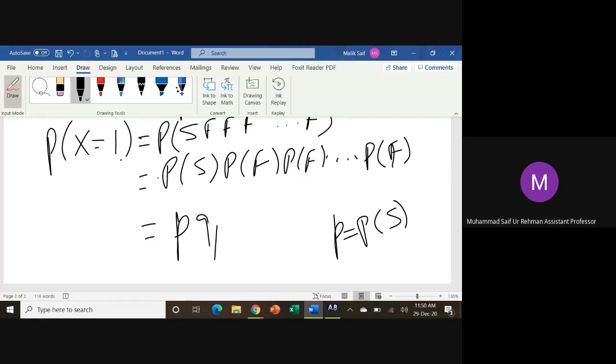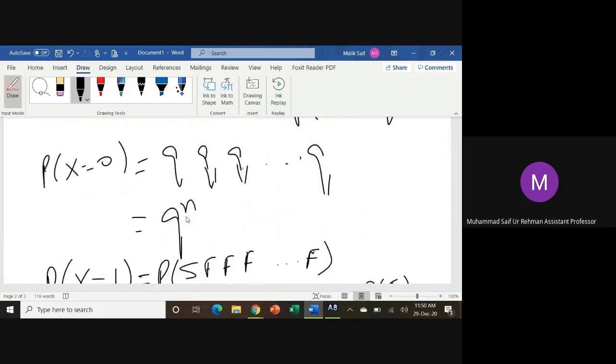One is a success, the remaining are n minus 1. In the earlier case we had Q power n because all were failures, Q from 1, 2, 3 up to n.